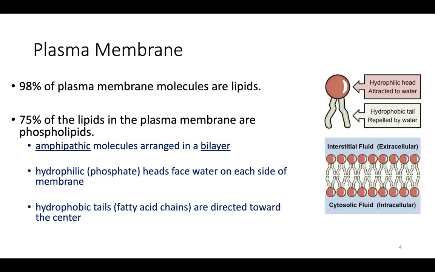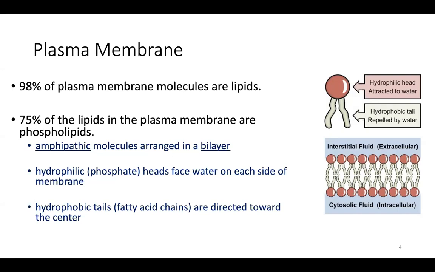First, I want to talk about the different types of lipids that are found. You have phospholipids, which I already mentioned, really important in the cell membrane. If we look over here at this little drawing, this is our typical phospholipid drawing. You have a head and then the two fatty acid chains coming off. The head is hydrophilic.